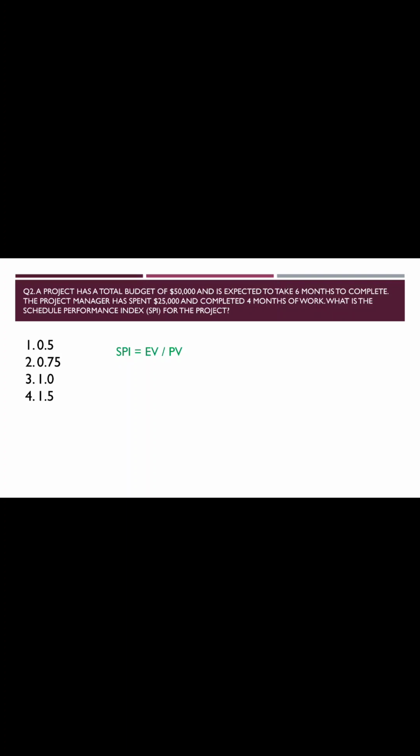So here in this question, the project manager has completed 66.67% of the planned work, which is basically 4 out of 6 months. So you can calculate the earned value here, percent complete multiplied by budget at completion. So it will give you your earned value as $33,335.